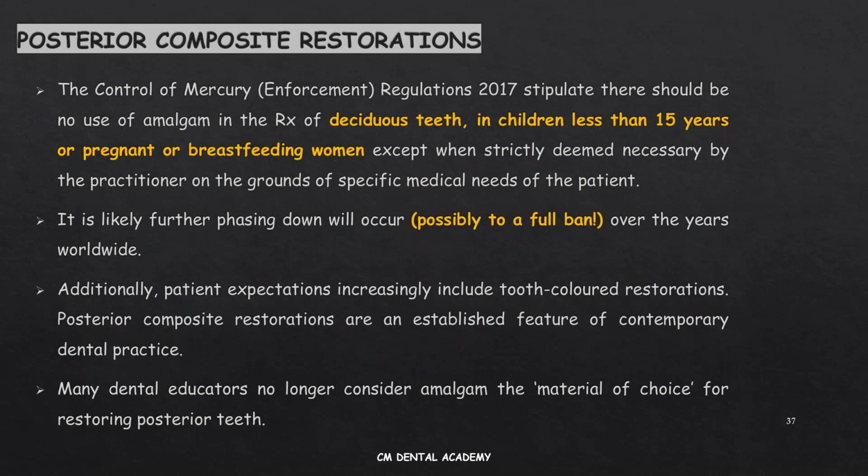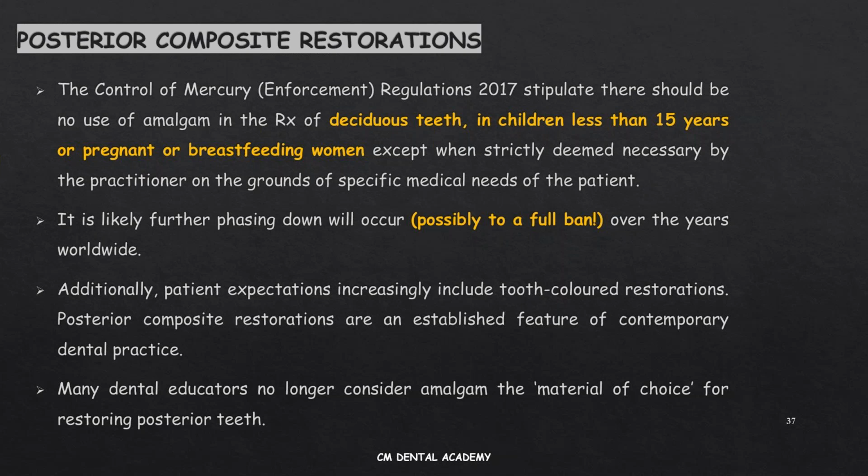Posterior composite restorations. The Control of Mercury Regulations 2017 stipulated there is no use of amalgam in the treatment of deciduous teeth, children less than 15 years of age, pregnant women, or breastfeeding women, except when strictly deemed necessary by the practitioner.